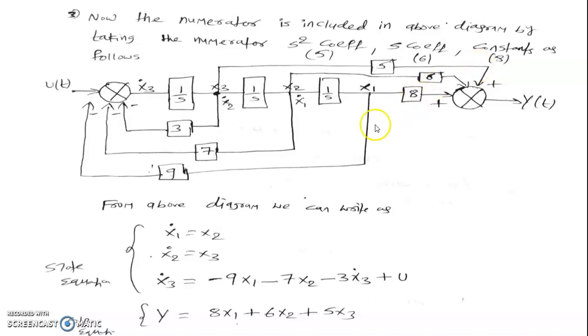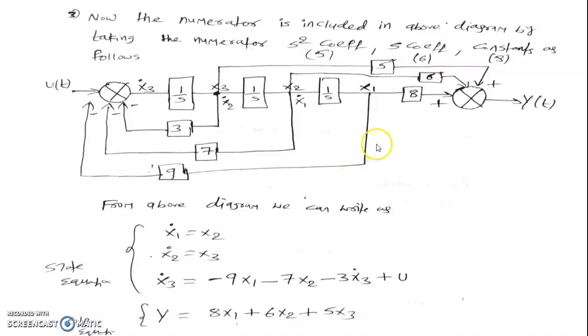See, the thing is simple. First you draw the diagram for the denominator, and then for the numerator, take the constant and keep it after the 3 integrations. Next the s coefficient from here, and next the s² coefficient from here. Like that you complete the diagram for both numerator and denominator.